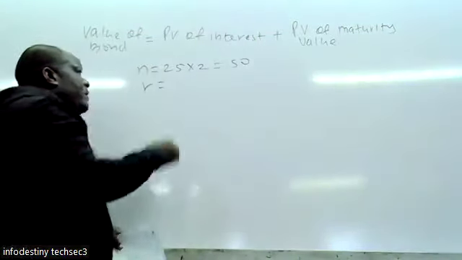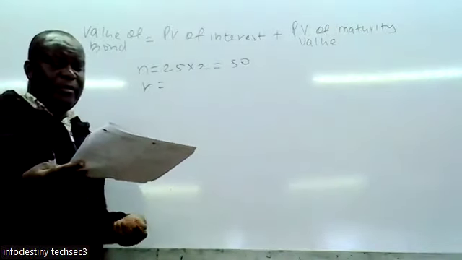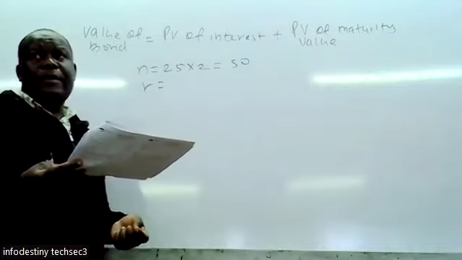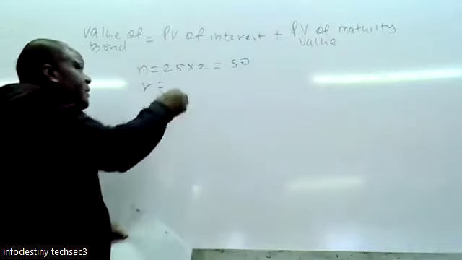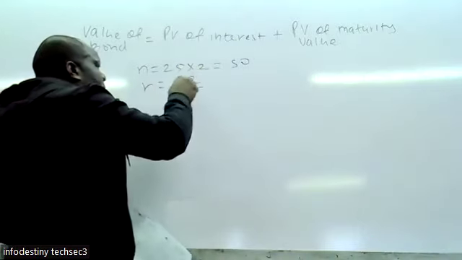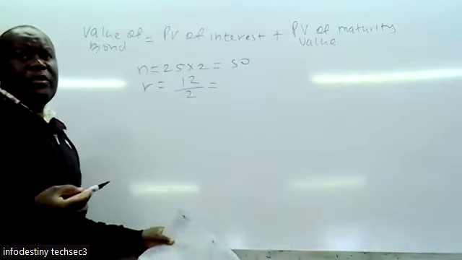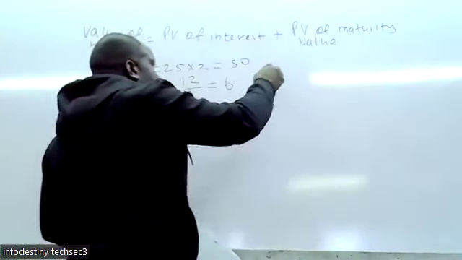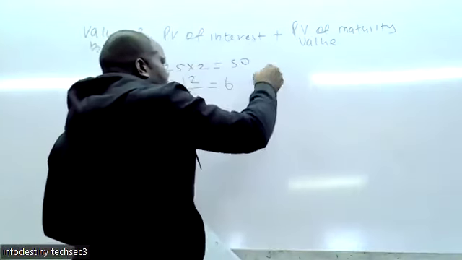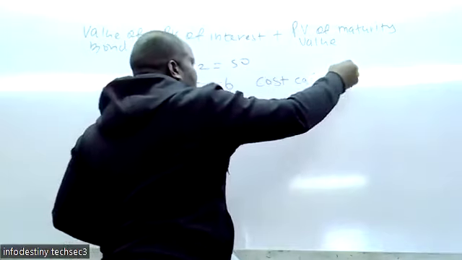Then R, the interest rate. The interest rate is the same as the coupon rate. Coupon rate is given as 12% per annum, but they pay semi-annually. We divide by 2, which gives 6%. Then the cost of capital is the interest rate that was given.